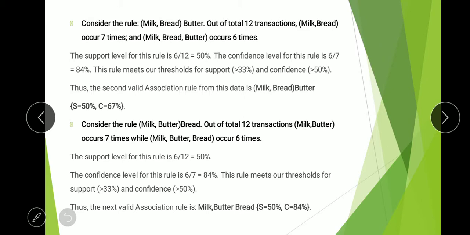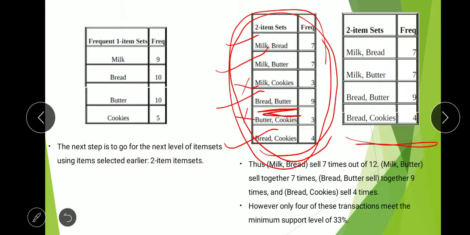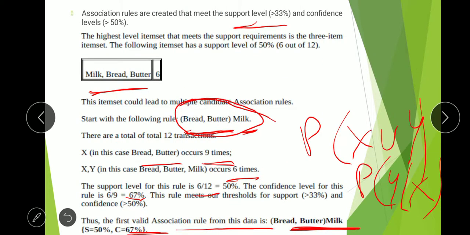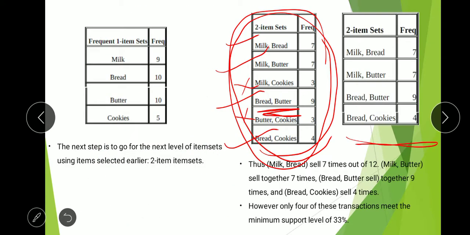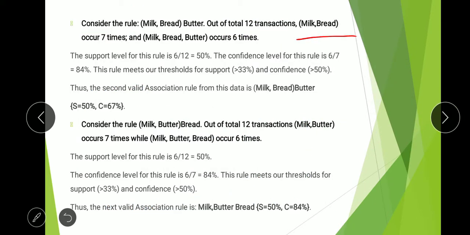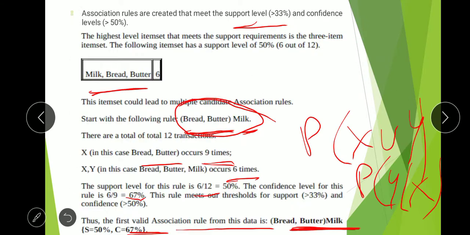Let us see how many times milk and bread has occurred together. Again, let us refer 2 item sets, milk and bread, right? Milk and bread, where is milk and bread? Yes, here 7 times, 7 out of 12, it is 7 times. And milk, bread and butter all together is this one, right, 6.